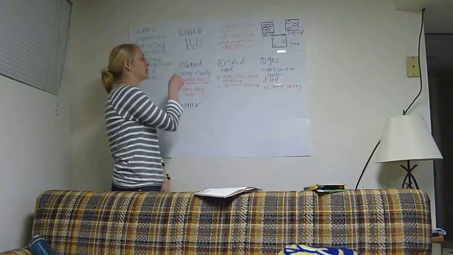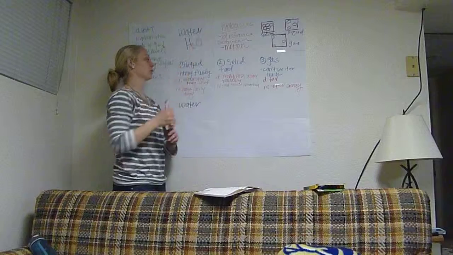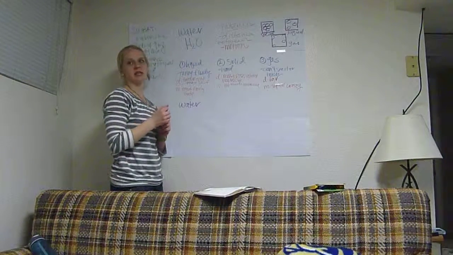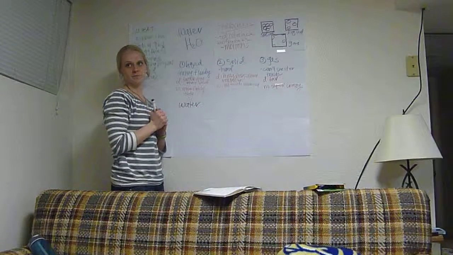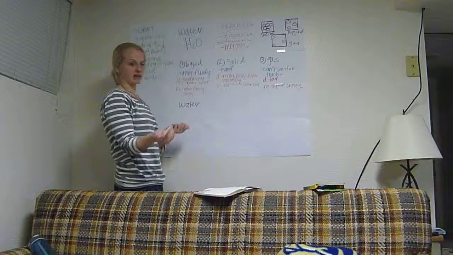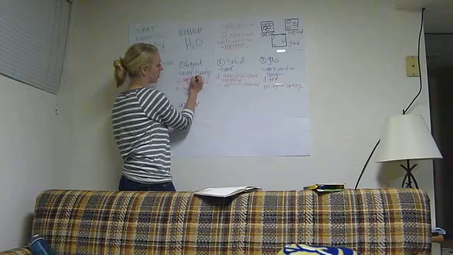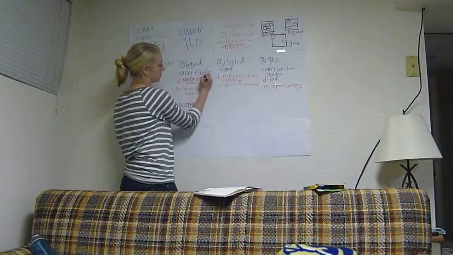Okay, so the distance between the molecules of a liquid. Table number 3, what do you think? They are further apart than a solid. Exactly. Okay, so the molecule distance are further apart than a solid. Good.